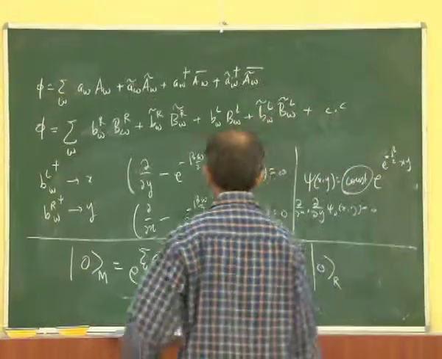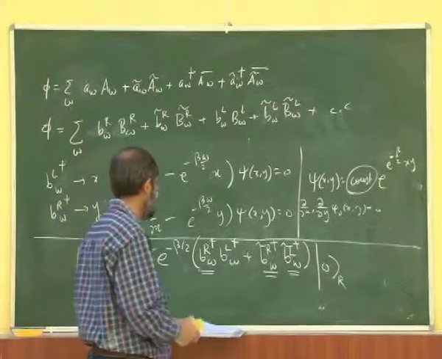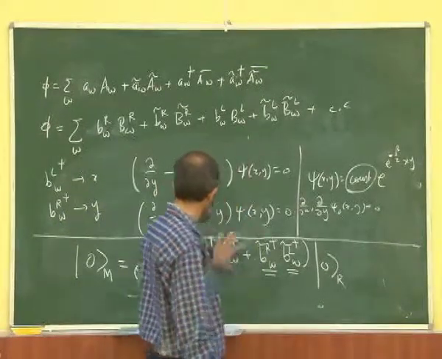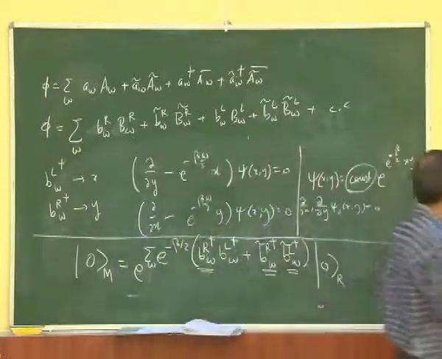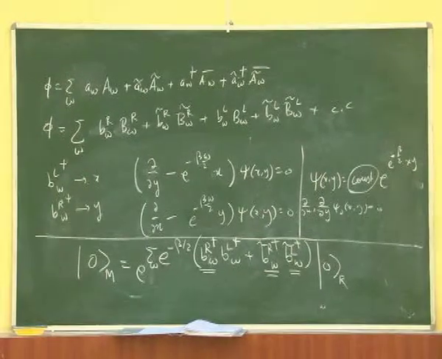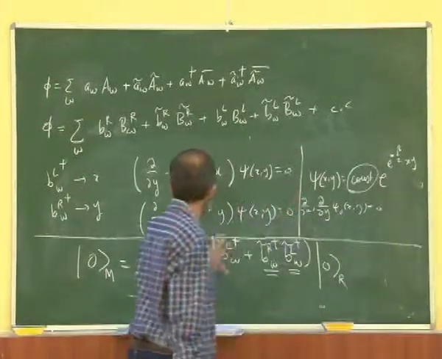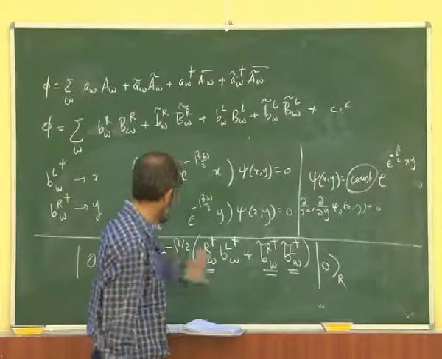Maybe I should just say how this is. Suppose I ignore the tildes for the moment. Let me bring down this object, this exponential.